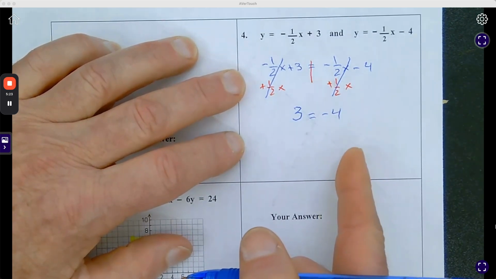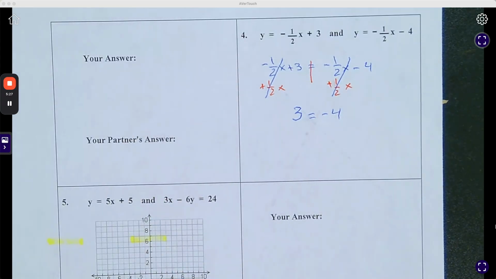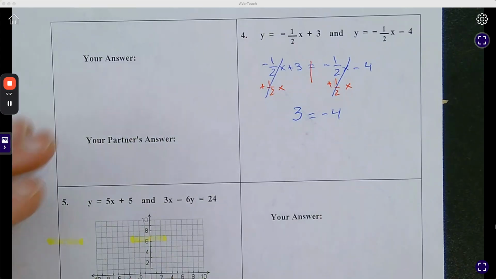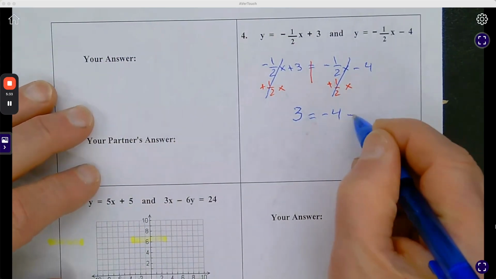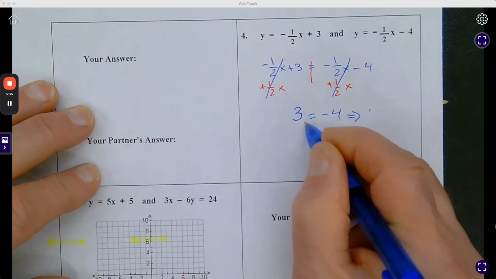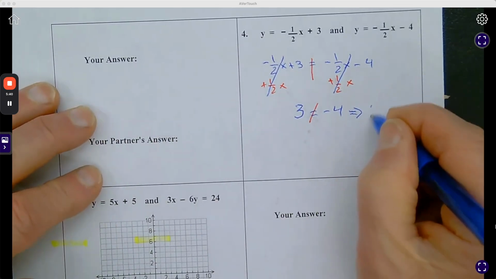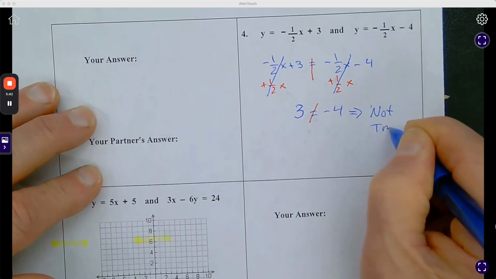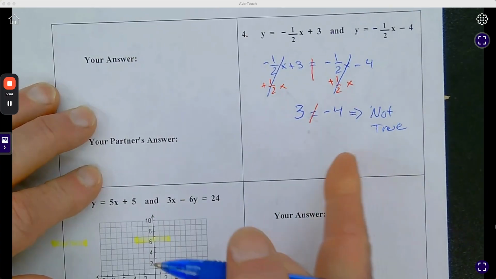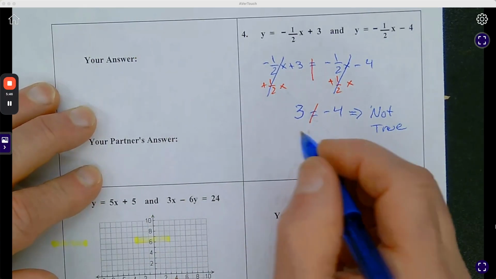There's no variables left. So that means it's either the same line, infinite points of intersection, or they're parallel lines, no point of intersection. Because this is not true. 3 does not equal negative 4. These lines are parallel, so no x will ever make it true.